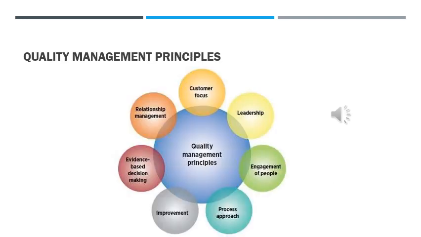Alright, the 7 quality management principles include QMP1, which is customer focus, QMP2 leadership, QMP3 engagement of people, QMP4 process approach, QMP5 improvement, QMP6 evidence-based decision making, and lastly QMP7 relationship management.